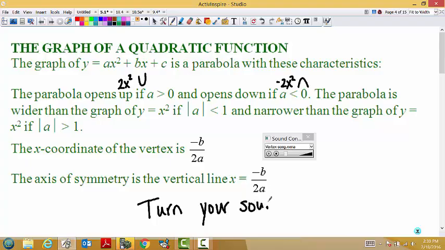Negative b over 2a, that's the x value of the vertex. Now substitute this in your function, and you'll find the y value next. First x, then y, the vertex is now in view.